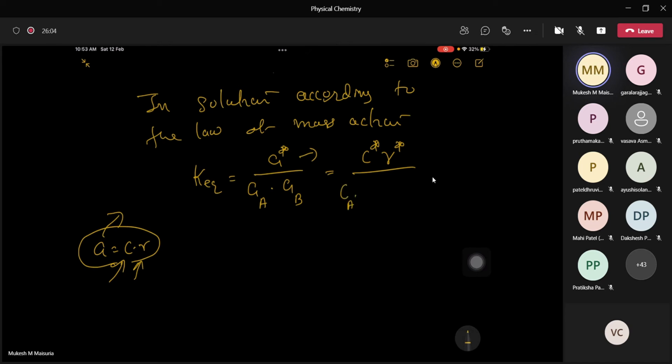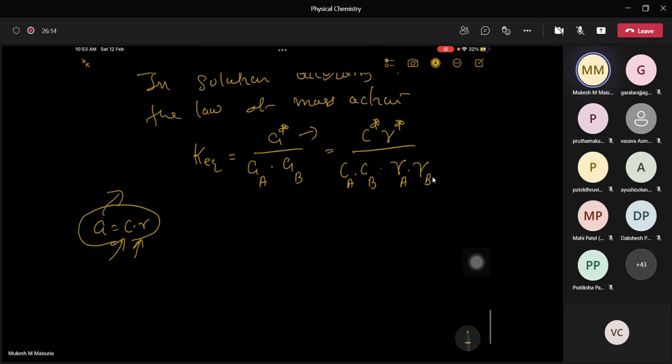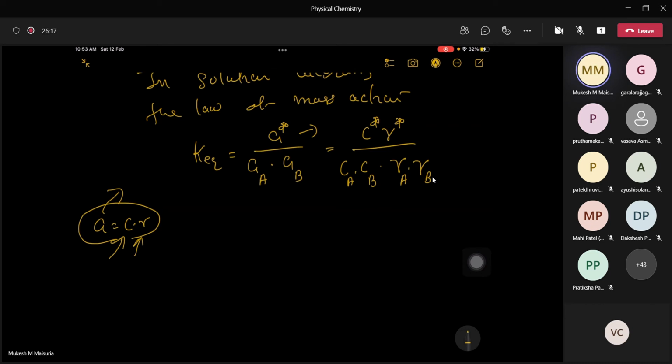Concentration of A, concentration of B, into the activity coefficient of component A, activity coefficient of component B. Understand? So we can say that the concentration of this activated complex is equal to the equilibrium constant into gamma A, gamma B upon gamma star AB.